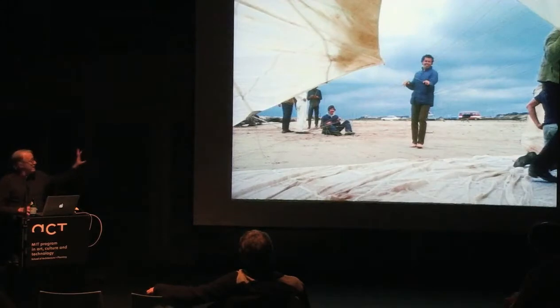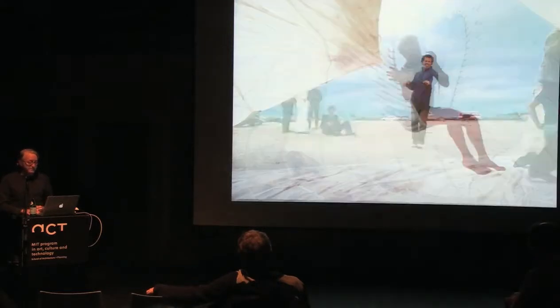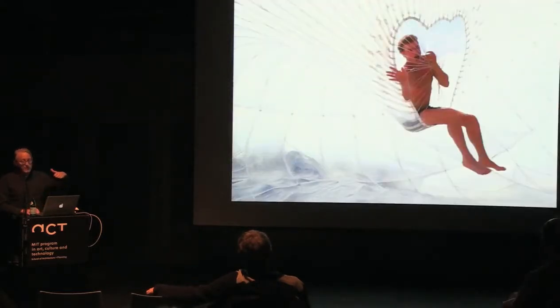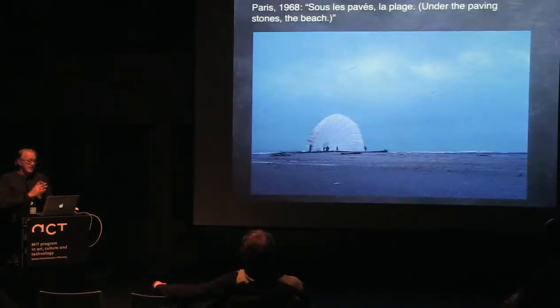This shot shows Kelly Gloger shaping and controlling the form that this structure would take. And they also had the possibility in a stiff wind of lifting a person off the ground.